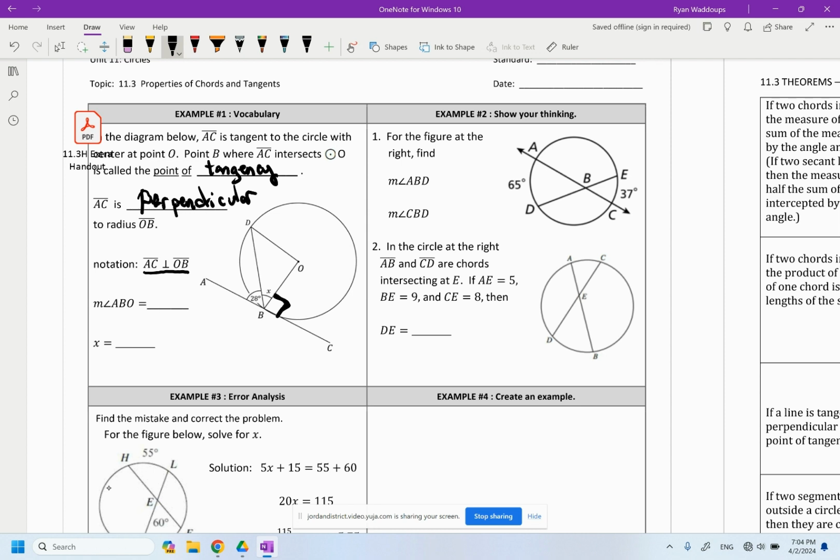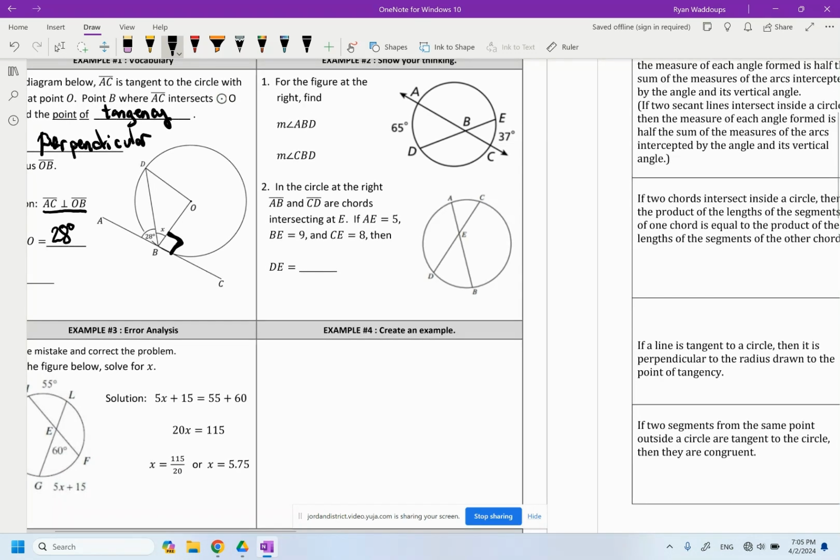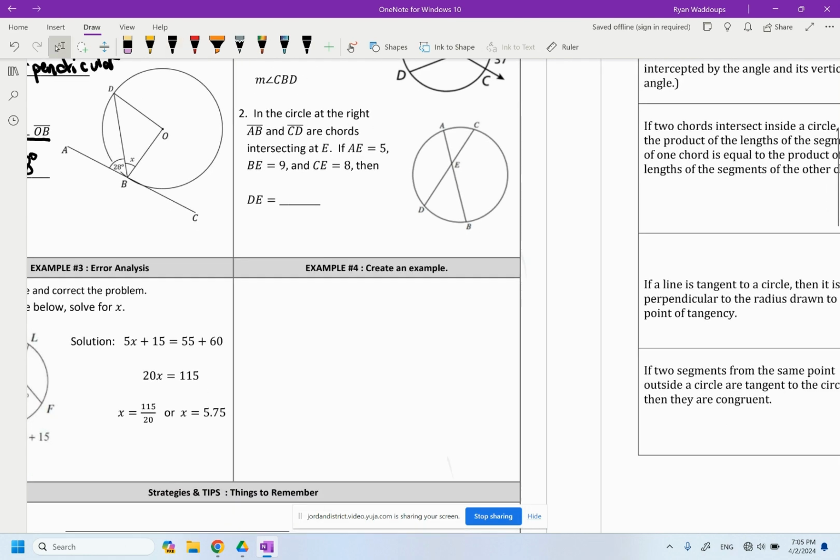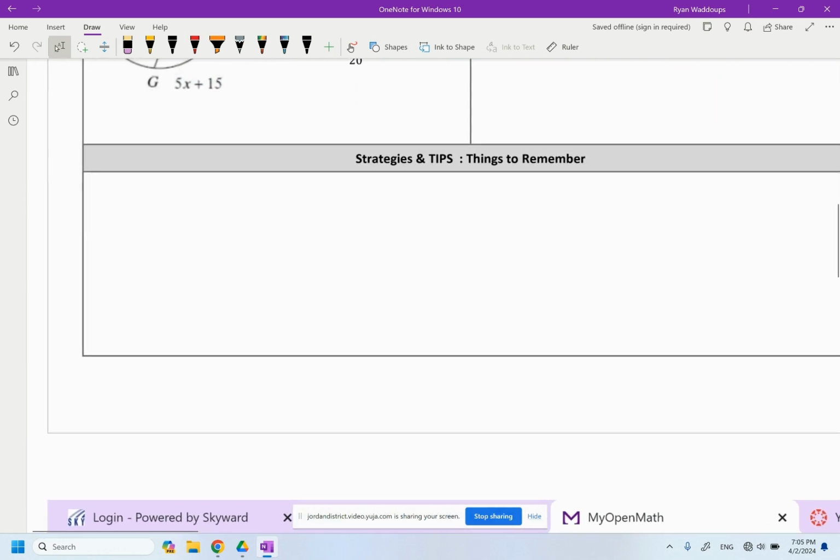Then the measure of angle ABO, we can read from the diagram, is 28 degrees. So when we want to know what X is, I know that if this is a right angle, this right here is also a right angle. It's also 90 degrees, which means that X plus 28 degrees is equal to 90 degrees.